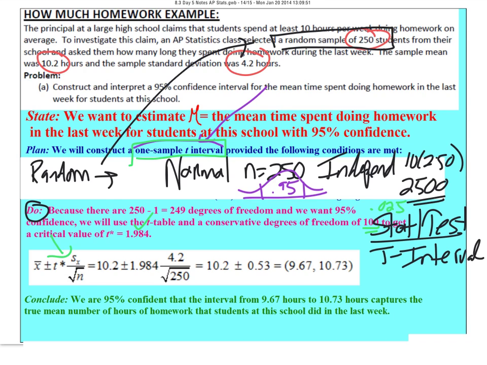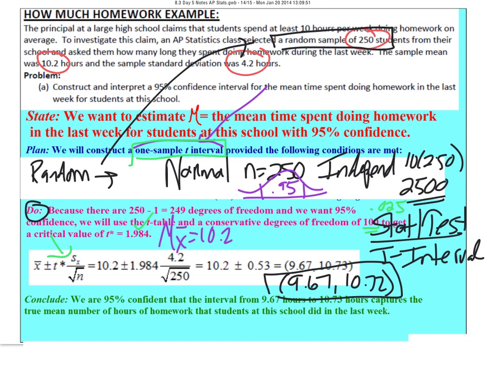Again, I'm using the calculator because it's way easier and less work. If I do that, though, I have to be incredibly careful. Somewhere in here, did I state the mean and standard deviation? For myself, if I didn't, I'm going to have to list down here that the mu of x-bar is 10.2. And then the standard deviation of my sampling distribution is sigma of x-bar.